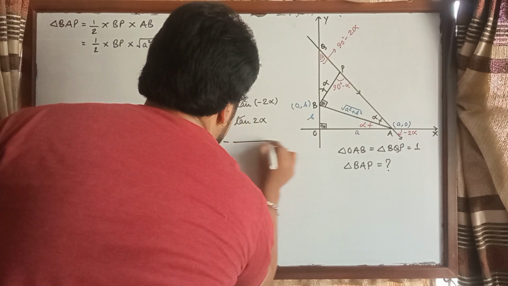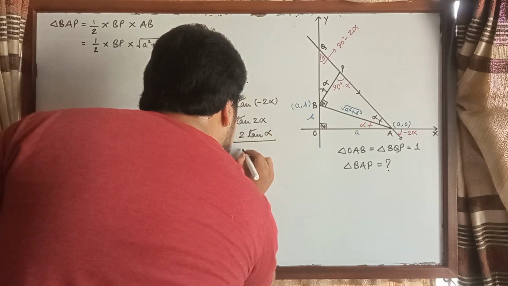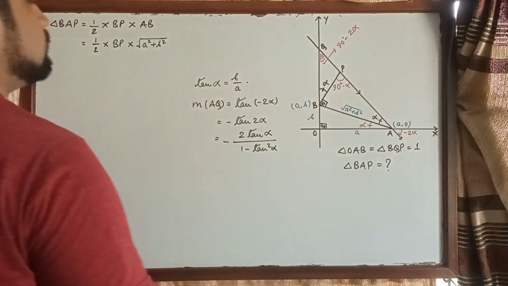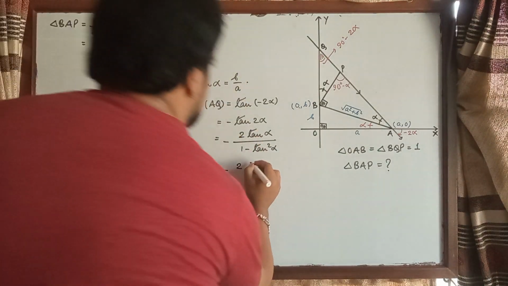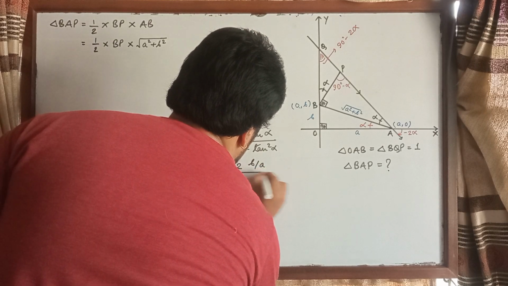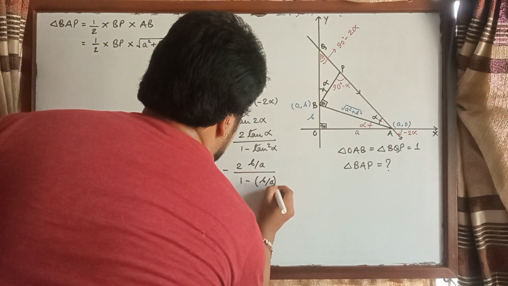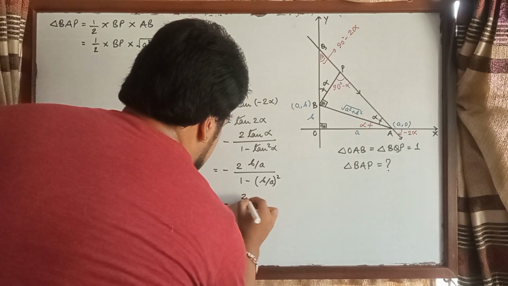Which means this is minus twice tan alpha over 1 minus tan squared alpha. Minus twice tan alpha means b over a, all over 1 minus b over a squared. Now let's simplify this a little bit.